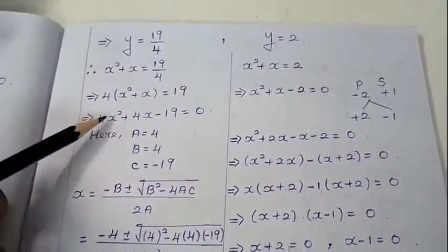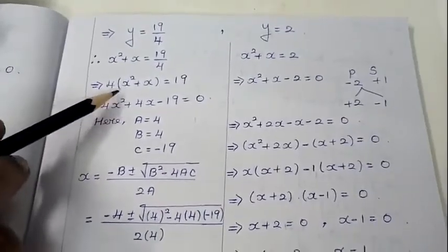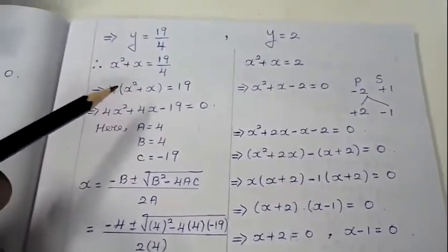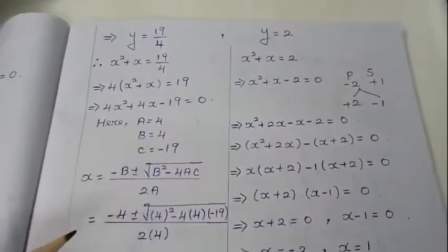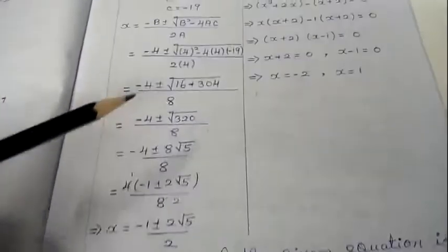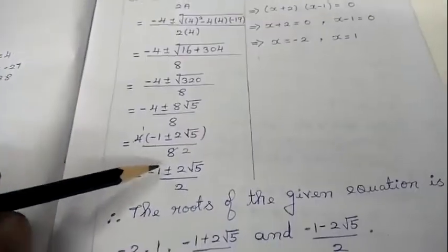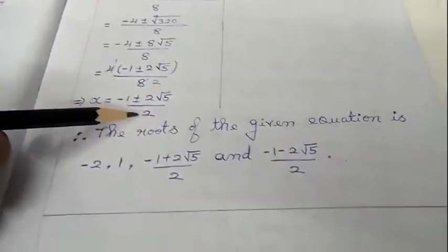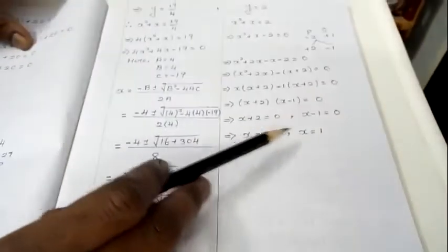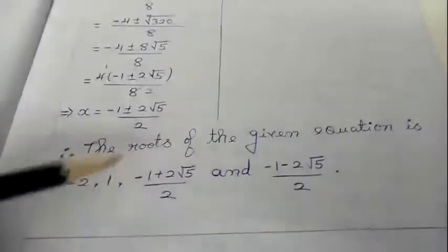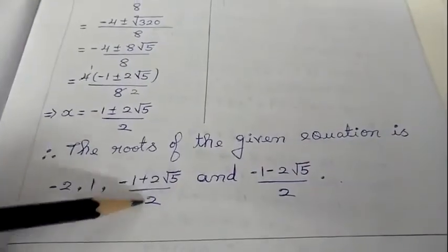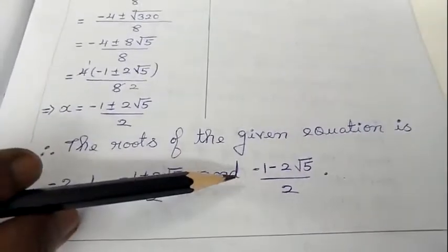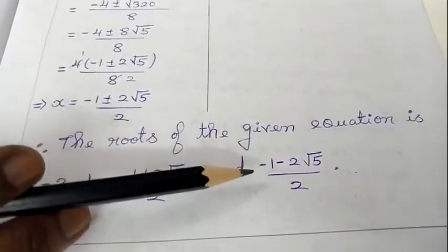In place of y you are having a quadratic equation, and in place of x also you are going to get it in the form of a quadratic equation. Side by side, I have done the calculation. Finally, you will be getting these answers: x = (−1 ± 2√5)/2, x = −2 and x = 1. Therefore, the roots of the given equation are −2, 1, (−1 + 2√5)/2 and (−1 − 2√5)/2.